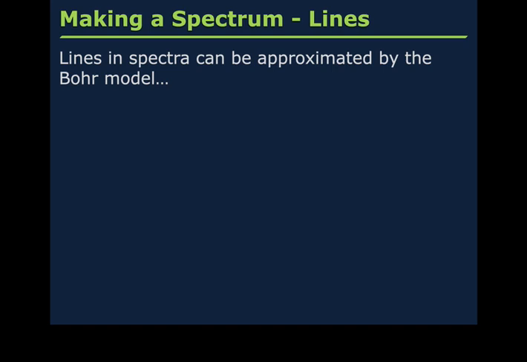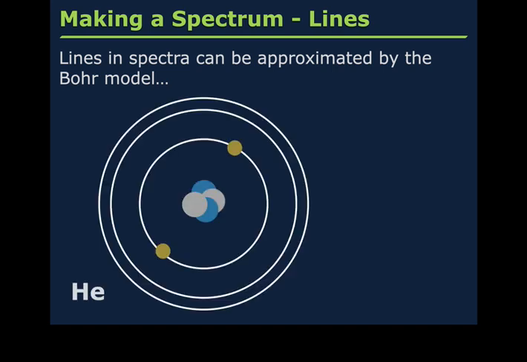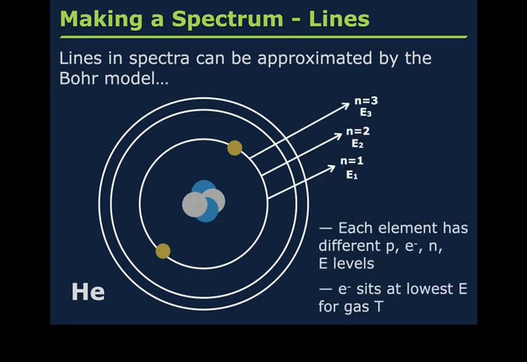We know that lines in spectra can be approximated by the Bohr model of an atom. So I'll do a little fake helium atom. You can see my nice little Keynote illustration of 2 protons and 2 neutrons in the core, and then 2 electrons hanging out at a particular energy level. Just to remind ourselves of how this model works: remember that each element has a different number of protons, electrons, and neutrons, and the energy levels therefore have different energies.